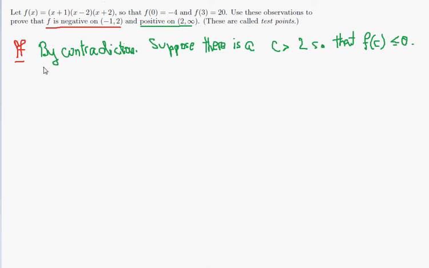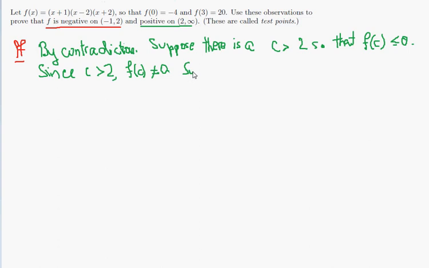Well, since c is greater than 2, f of c cannot be equal to 0. The roots of f are negative 1, 2, and negative 2. There can't be a fourth root to the right of 2. Since c is greater than 2, c cannot be a root.